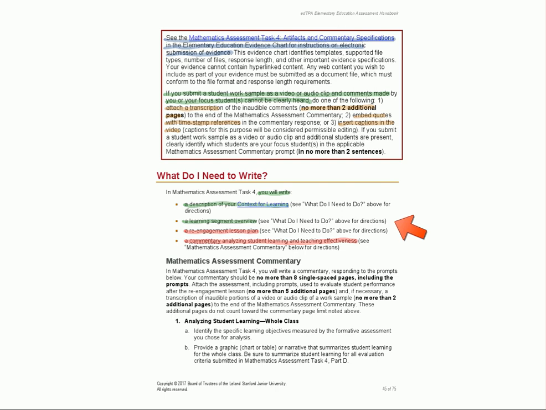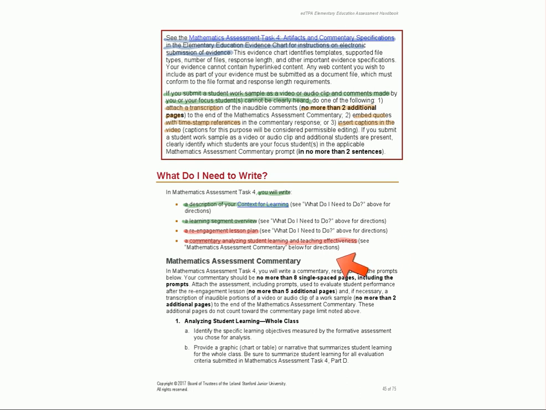A learning segment overview, because you haven't set out lesson plans for this particular task. You need to say what was going on within those lessons. A re-engagement lesson plan. Okay, and we'll talk in detail about that in a moment. And then the commentary that fits with all the things that have been mentioned already for this particular task.